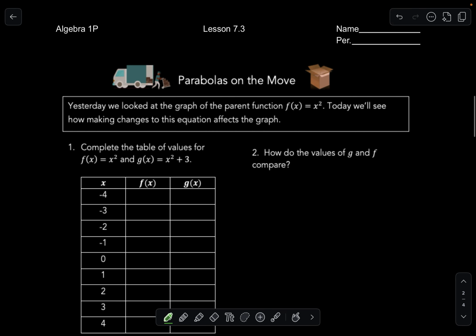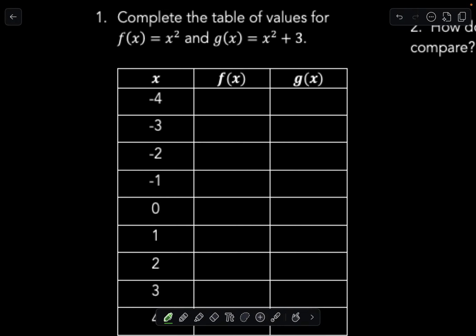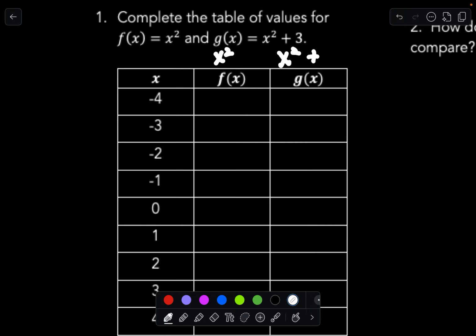So, first, yesterday we looked at the graph of the parent function f of x equals x squared. Today we'll see how making changes to this equation affects the graph. So, it's pretty easy. F of x is just x squared, and g of x is x squared plus 3.